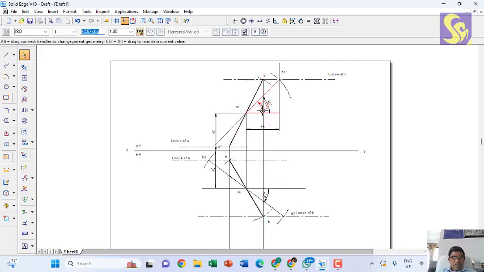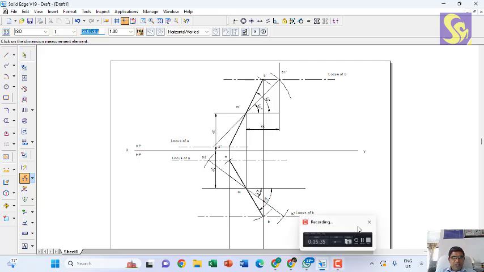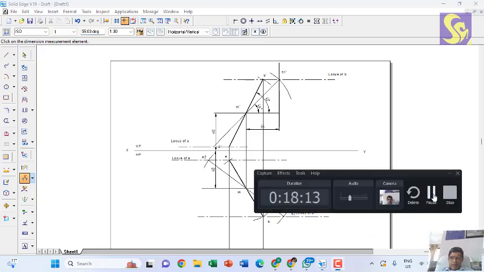Then the apparent angles I can find out. Apparent angle in the top and in the front, that is alpha is 63 degrees and beta is 59 degrees. So this is how we can complete the given problem.